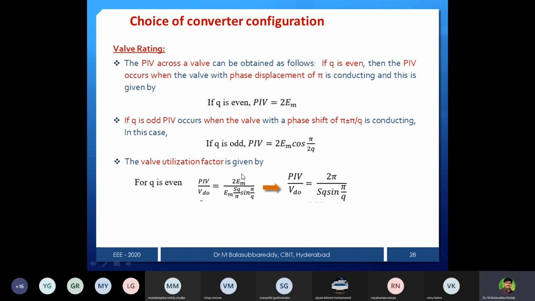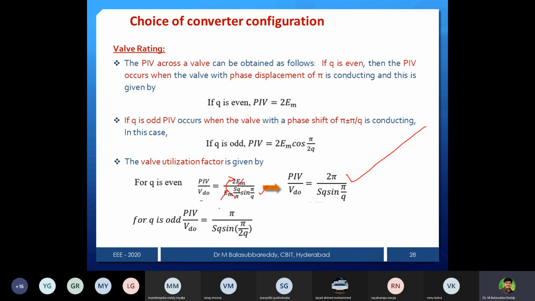Once I take this ratio, the Em in the numerator and the Em in the denominator get cancelled out. So you get 2 pi by sQ sine pi by q. This is the valve utilization factor for Q equal to even.